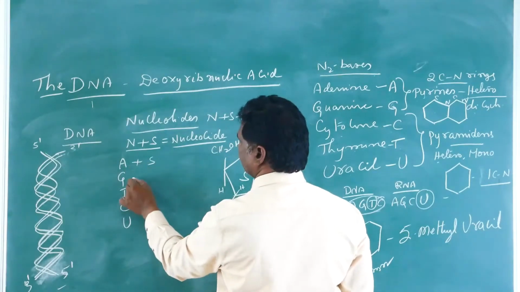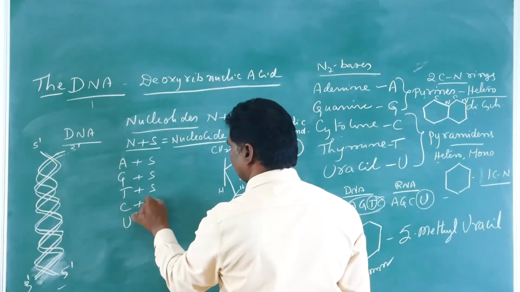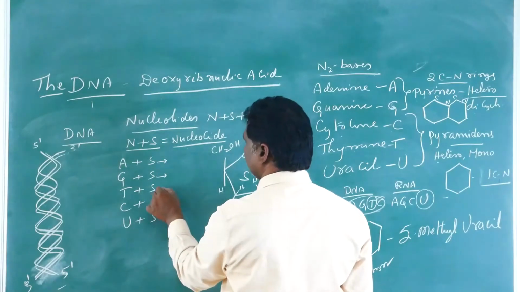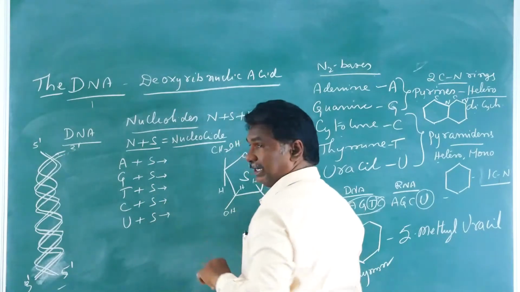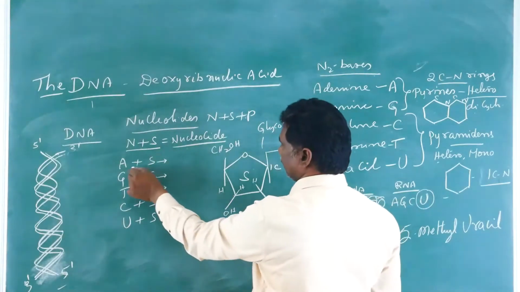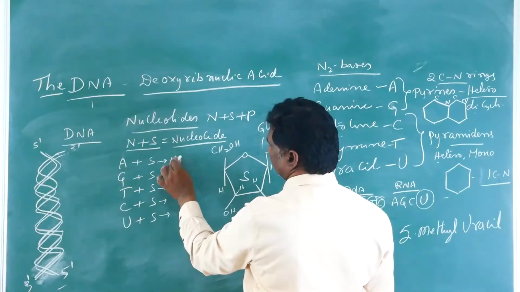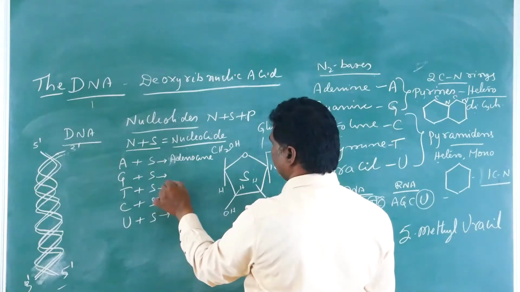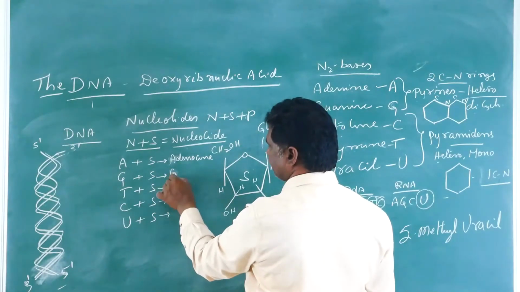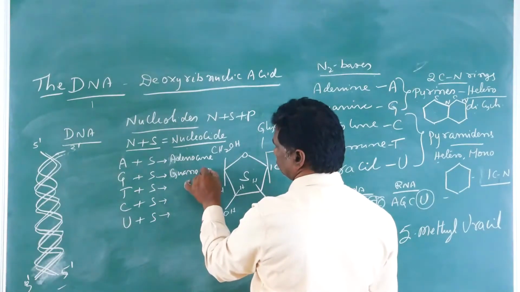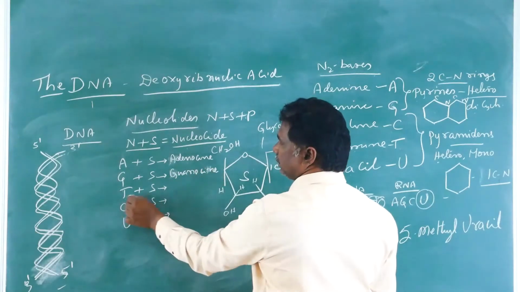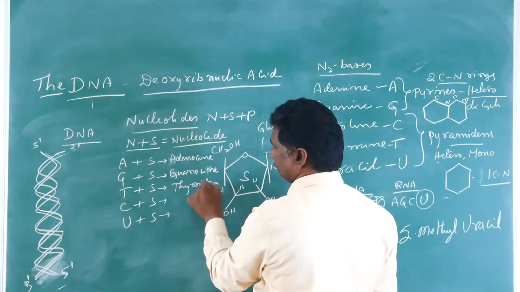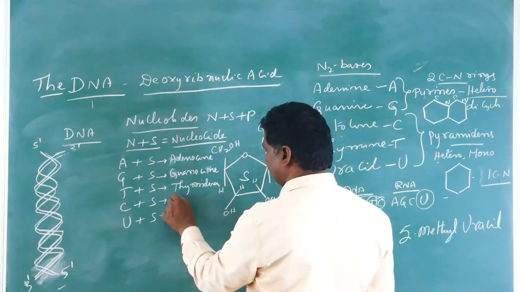All are combined with sugar to form nucleosides. What are the nucleosides? Adenine plus sugar, adenosine. Guanine plus sugar, guanosine. Thymine plus sugar, thymidine. Cytosine plus sugar, cytidine.